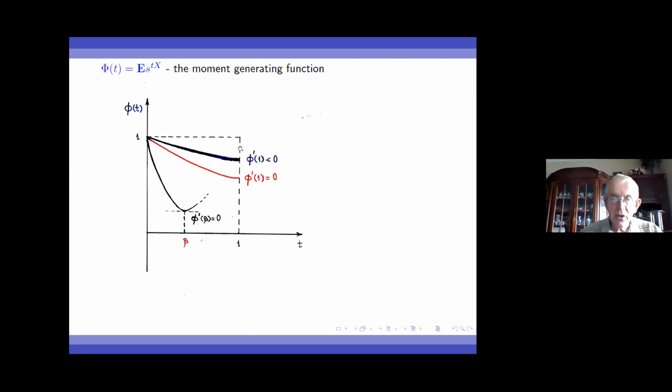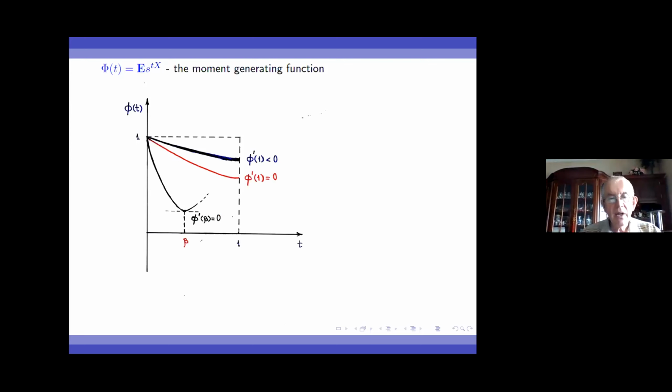So this process is called strongly subcritical if the derivative of the moment generating function at moment 1 is less than zero. It is called intermediate subcritical if this derivative is equal to 0. And finally, it is called weakly subcritical if there is some point beta strictly between 0 and 1 where this derivative is equal to 0. Depending on the process, we will have different behavior.